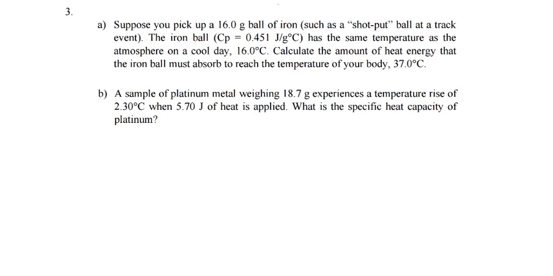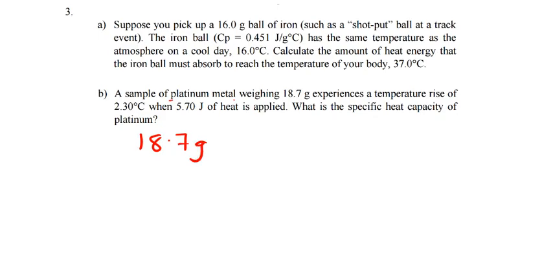Now if you go look at B, it's a similar question. A sample of platinum metal weighing 18.7 grams experiences a temperature rise of 2.30 degrees Celsius when 5.70 joules of heat is applied. What is the specific heat capacity of platinum? So we've got platinum metal weighing 18.7 grams.